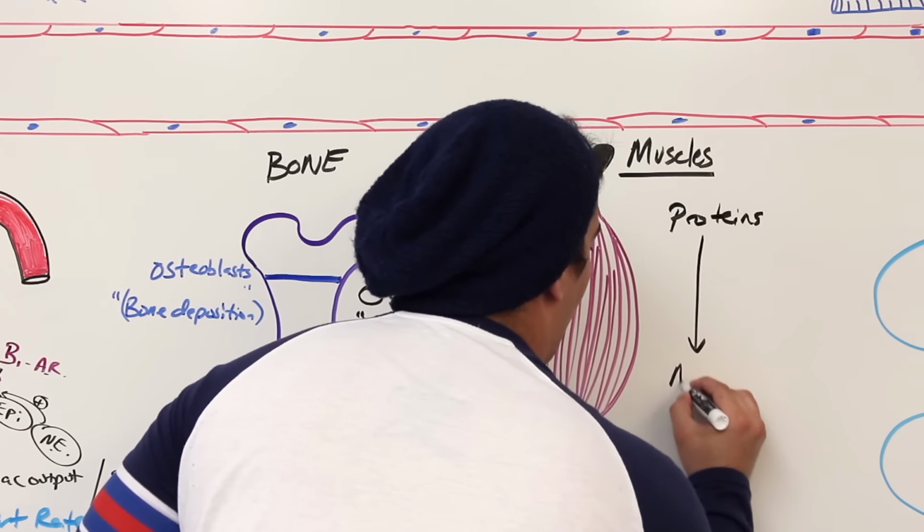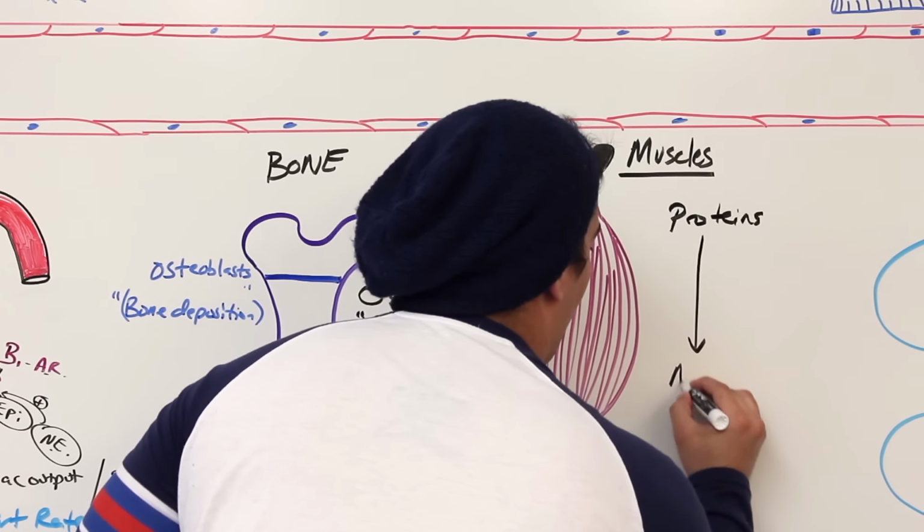Because those are the building blocks, or the monomers, of proteins. But then you can use these amino acids to make proteins. So if I go from proteins to amino acids, this is called catabolism. And then if I go from amino acids to proteins, this is called anabolism, right?